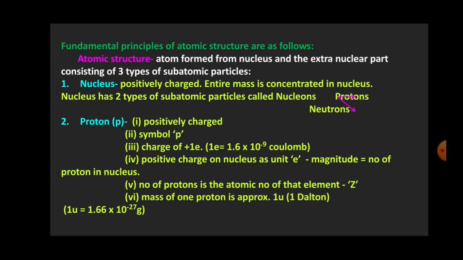The mass of one proton is approximately 1 amu or 1 Dalton, and 1 Dalton is equal to 1.66 × 10^-27 kg. So this was all about the nucleus and the protons.